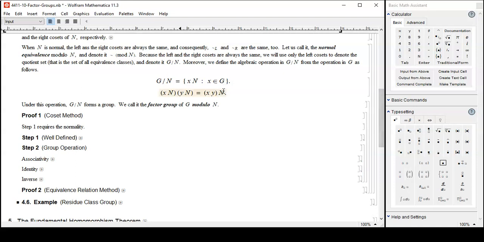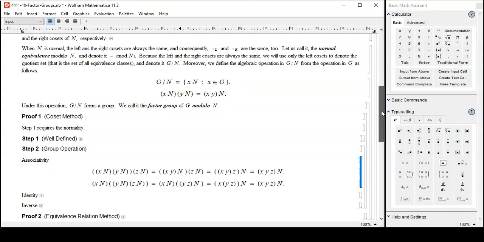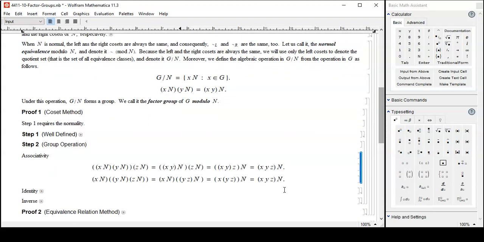For the associativity part, all you have to do is get another coset, xn, yn, zn, and then put appropriate parentheses and use the property in G, and you're going to get what you want. Like this. So this and that are the same.